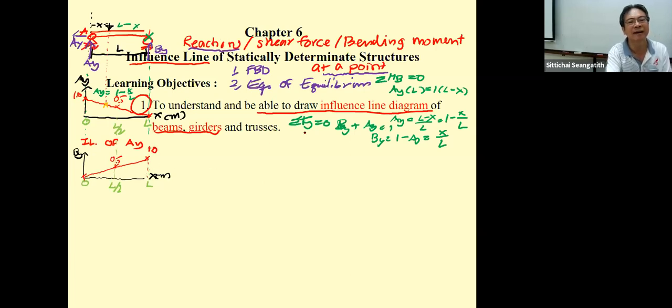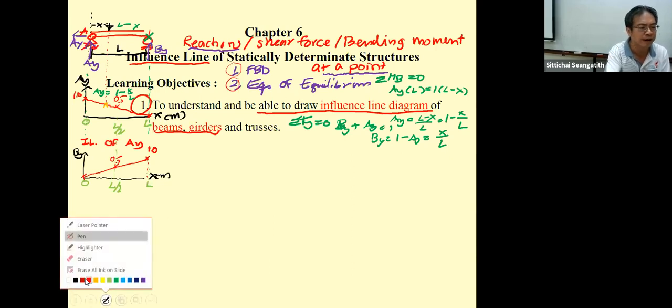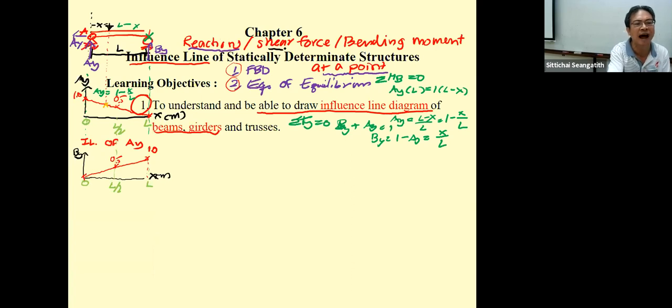Okay. And then you also use the same thing, the free body diagram and the equation of equilibrium, to determine the influence line for shear force and also the influence line for bending moment. You may go back to the video clip that I gave you in the previous lecture.